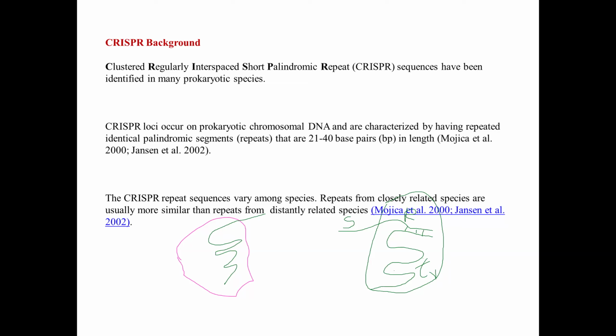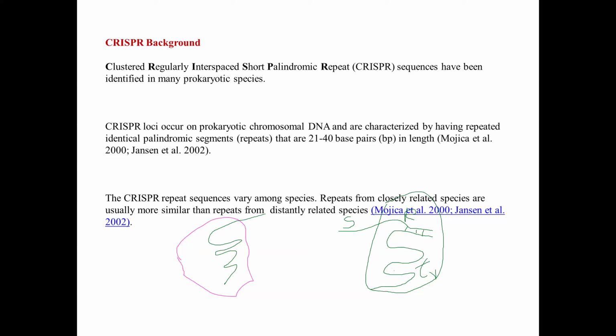People found that bacteria like Streptococcus pyogenes have a very well developed CRISPR system, going just by the number of spacers which are there. I told you the spacers are unique, so every spacer is unique in sequence.